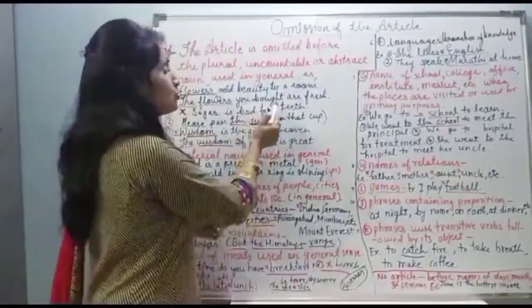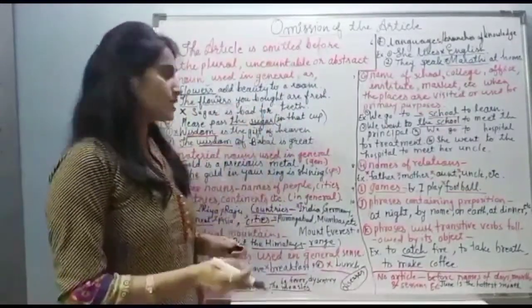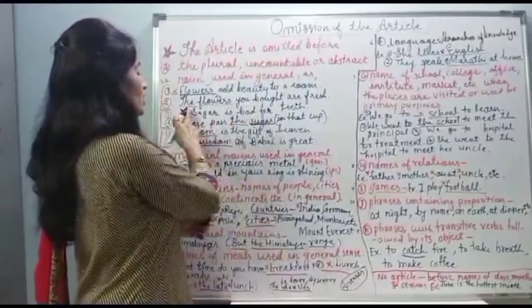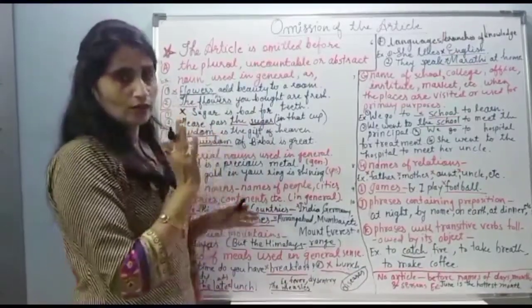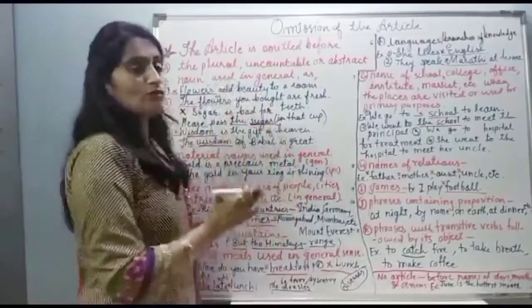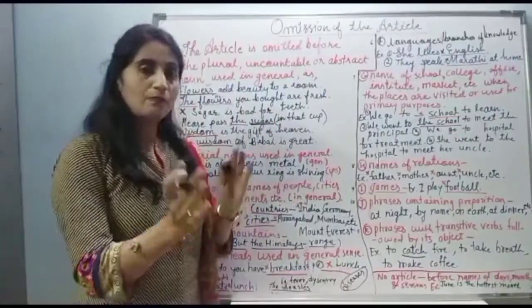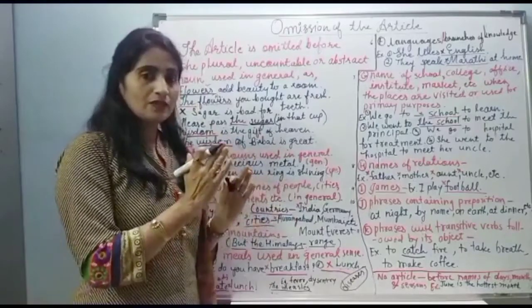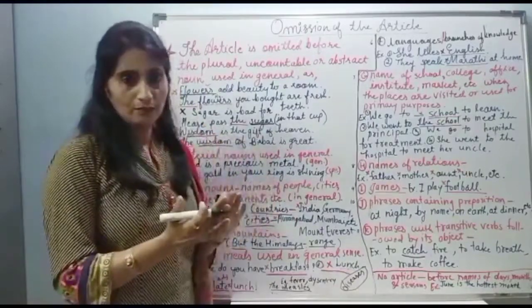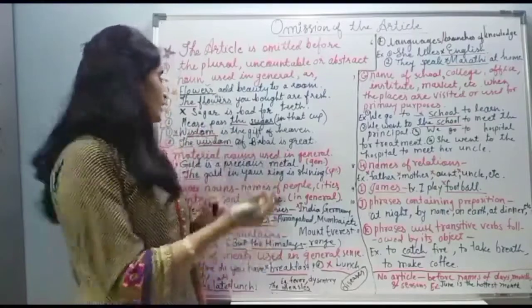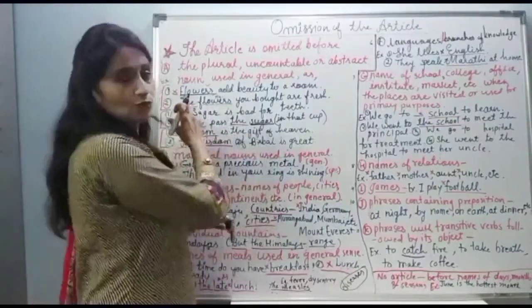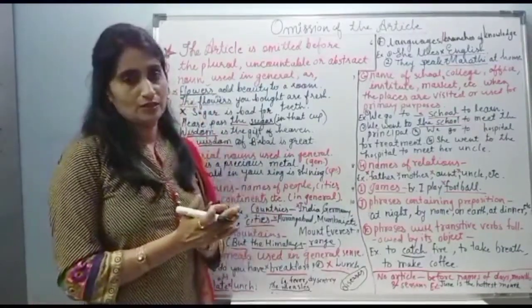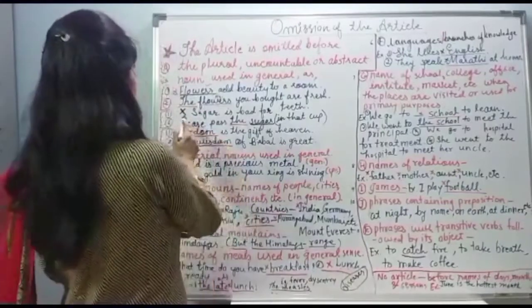The flowers which you bought. And that's why we have made use of the article the. This means if the noun is used in general, before that noun there is no article. But if it is used in a particular way, then before that we need to make use of the article.